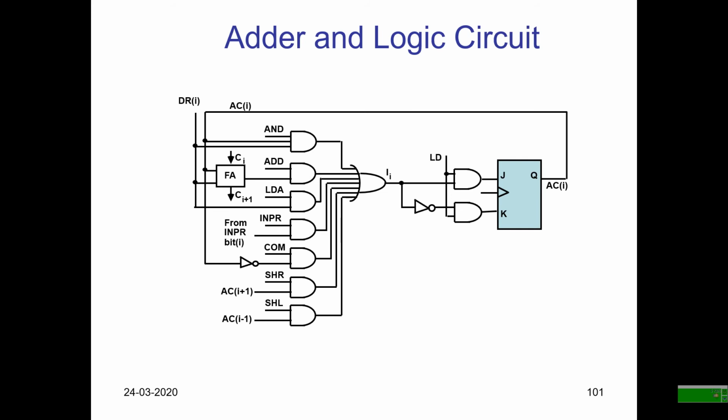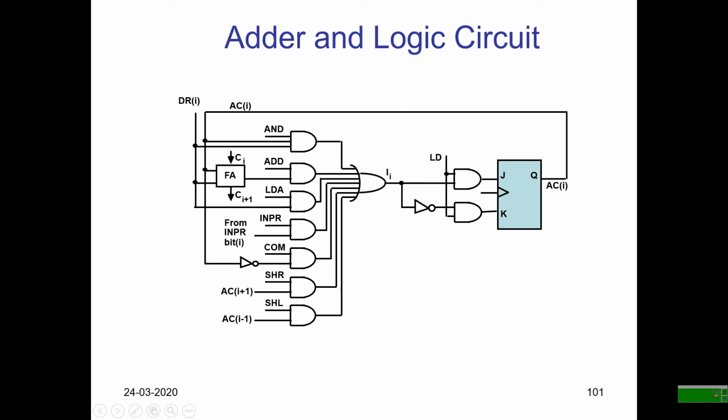Same way, SHR and SHL require two signals, not the same bit. Suppose you have to perform a shift right operation, then you take the accumulator value of one bit and load its second bit, then you will get the actual output of the accumulator. Same way for shift left operation, if the accumulator i value is 2, that means AC 2, then 2 minus 1, that means the accumulator's 1st bit.